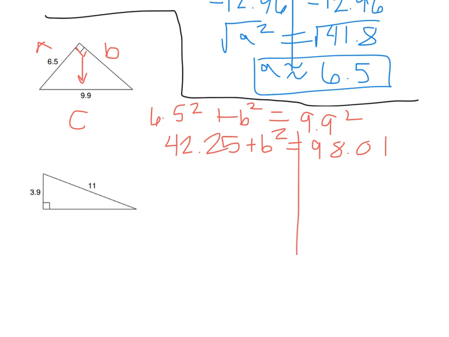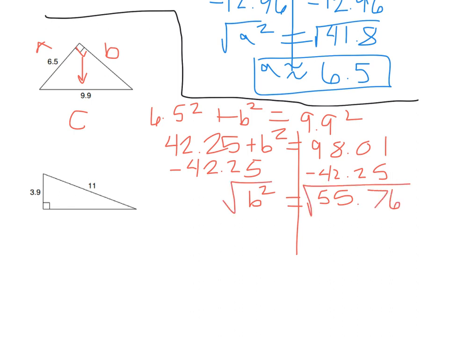Draw your line, subtract 42.25 from both sides, and then we're left with just B squared equals, if I subtract over here, 55.76.